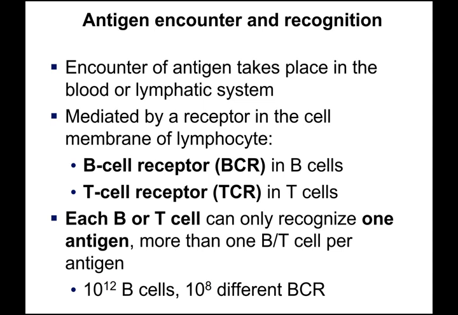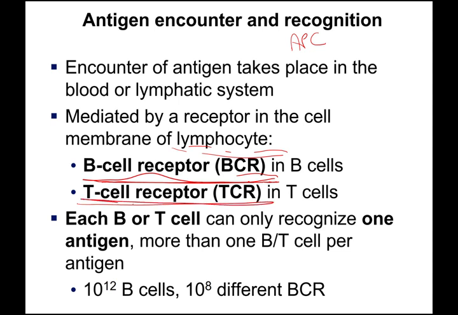So basically the antigen presenting cells break down the foreign organism into small molecules, and then they present them to the lymphocytes, B cells or T cells, through specific receptors, which are called B cell receptors if found in B cells, or T cell receptors if we're talking about T cells.